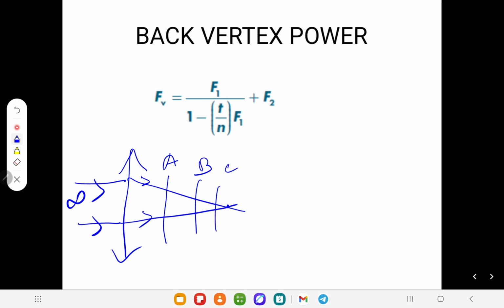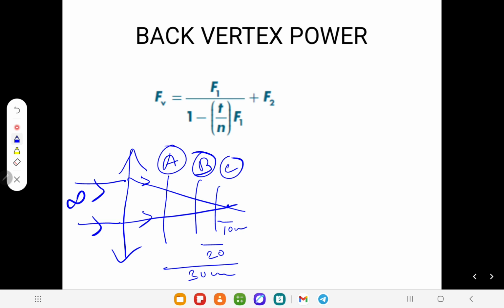then all the points have different vergences, isn't it? Let's take an example: this point is 10 centimeters away, this point is 20 centimeters away, and A is 30 centimeters away. Then we must understand that each point has a different vergence.